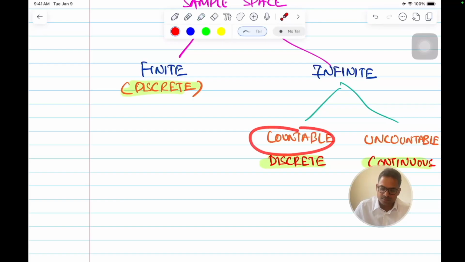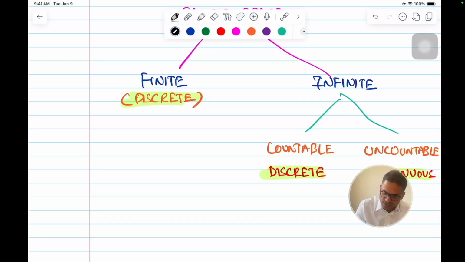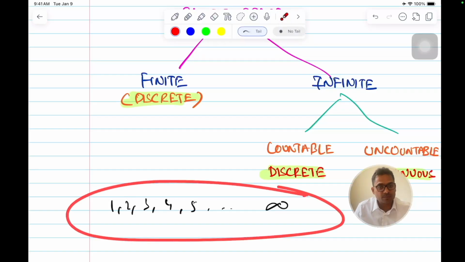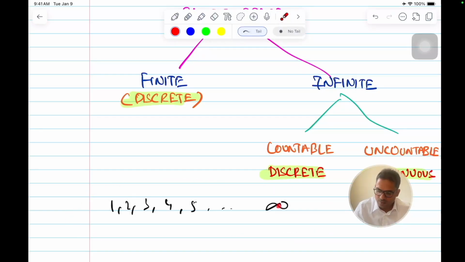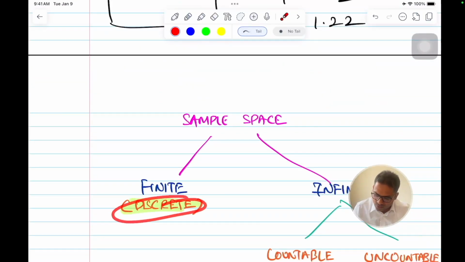Anything that is countable, even if it's infinite, is discrete. For example, all the numbers on the number line, 1, 2, 3, 4, 5, 6, till infinity. These are countable, so this is also discrete. We have understood what a sample space is, and what discrete and continuous are.